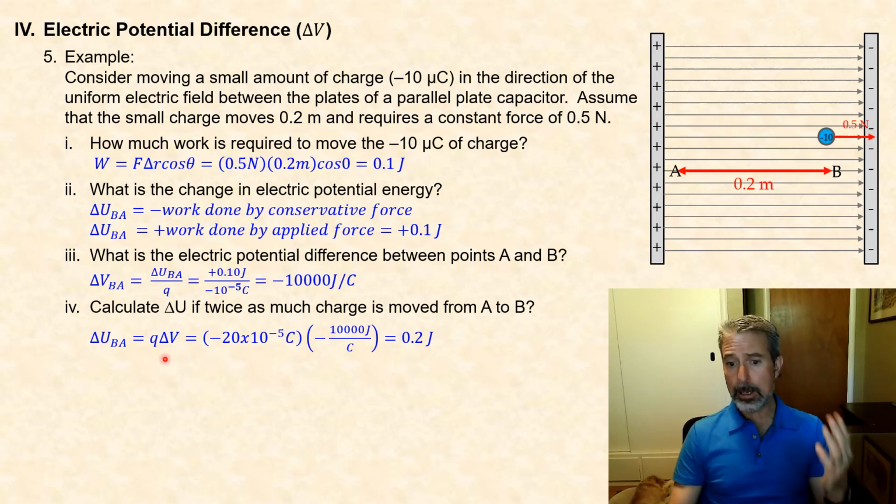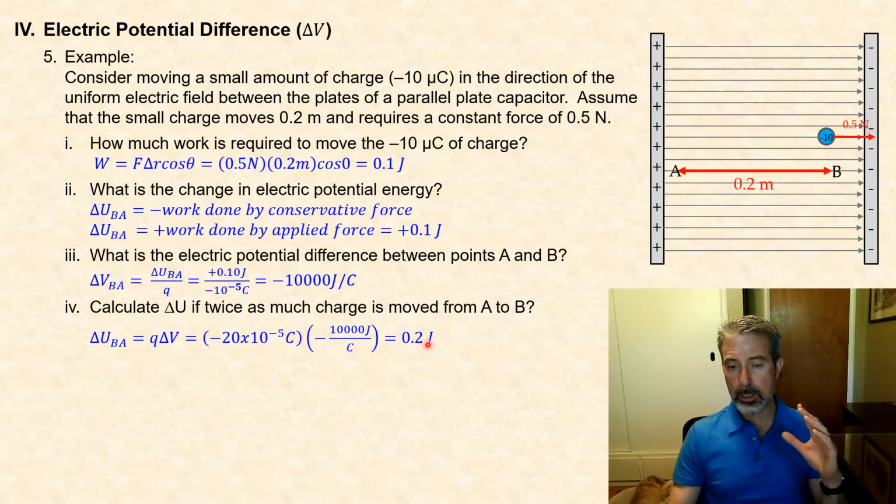So we can now find the electric potential energy difference for any charge that we want to move between those 2 points simply by multiplying that electric potential difference by the amount of charge. Here we've got twice as much charge. We're going from negative 10 microcoulombs to negative 20 microcoulombs. We multiply by the same electric potential difference of negative 10,000 joules per coulomb. And notice what happens here.